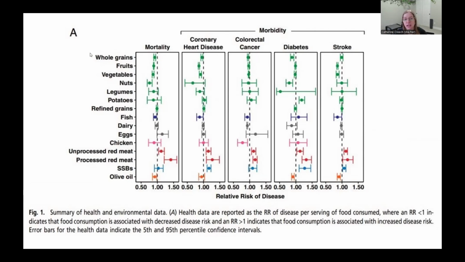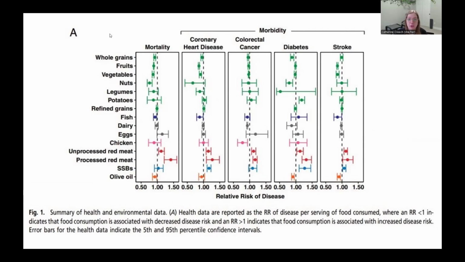The foods that they looked at were whole grains all the way down to olive oil. I think that you'll recognize most of these, except maybe this acronym here. What do you think SSBs are? They're sugar sweetened beverages. So think like a Coca-Cola or anything that comes in a can or plastic bottle and has a ton of sugar in it.